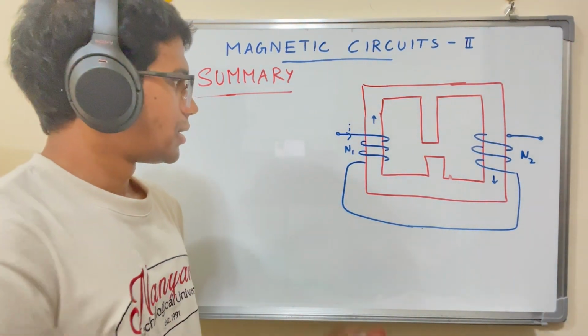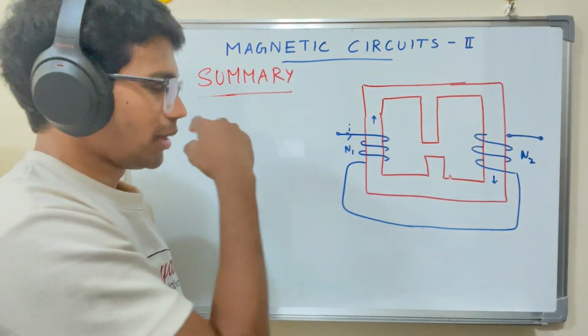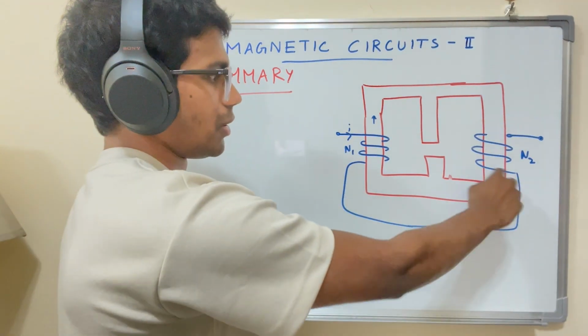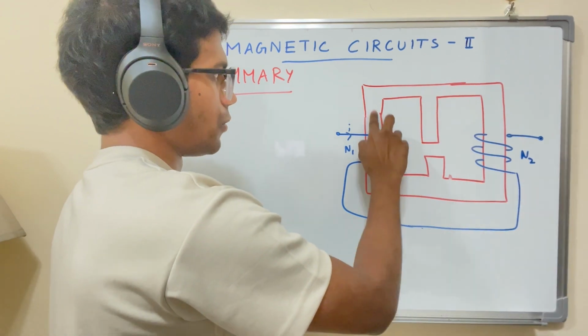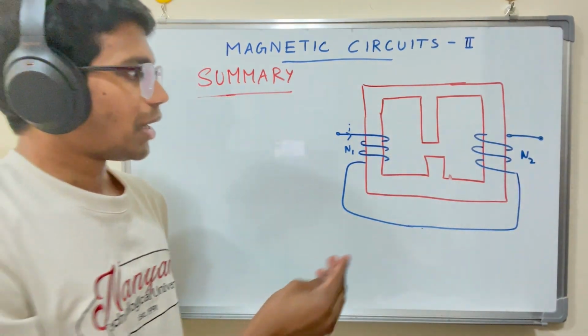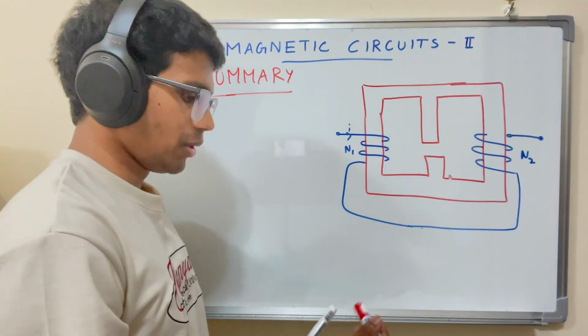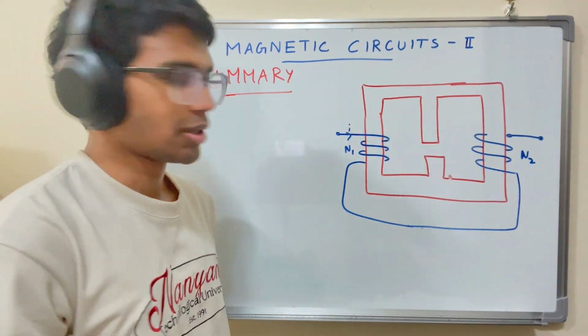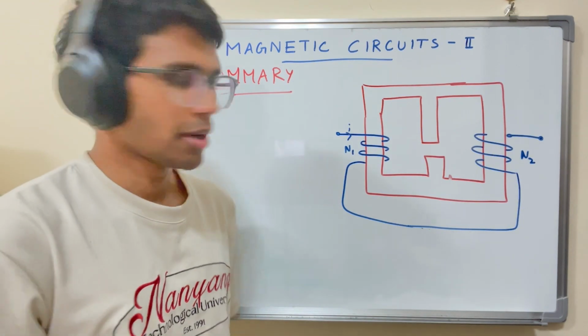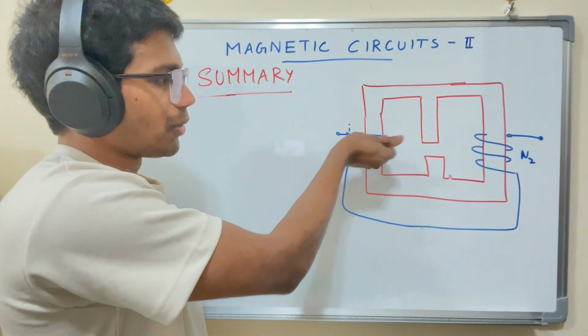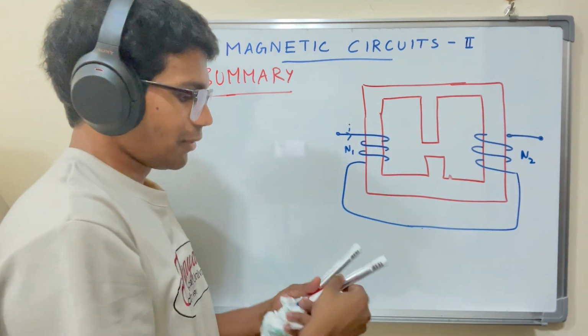Now, coming to converting a magnetic apparatus such as this into a circuit. This is a wire that's wrapped around in this fashion with N1 number of loops. The same wire goes around and wraps here with N2 number of loops. Assuming that the core has a reluctance of 0, the only reluctance we have to consider is the reluctance caused by the air gap. With the right hand thumb rule, we can figure out the direction of the magnetic flux.